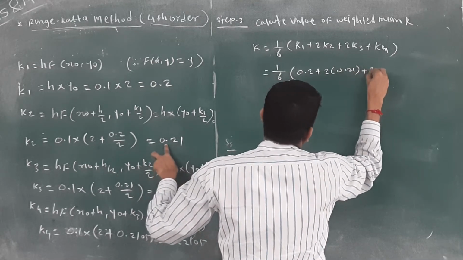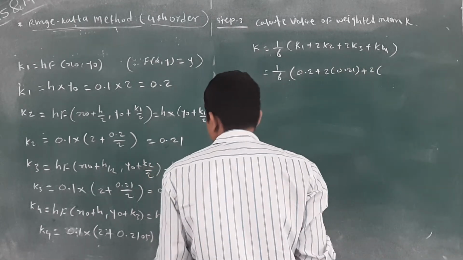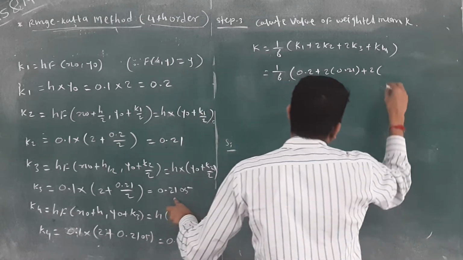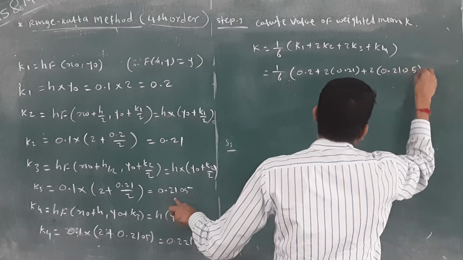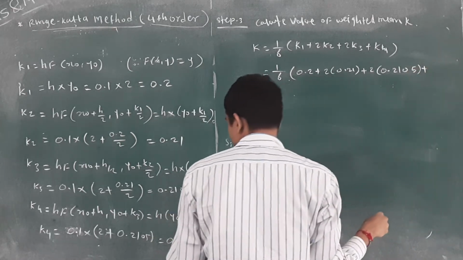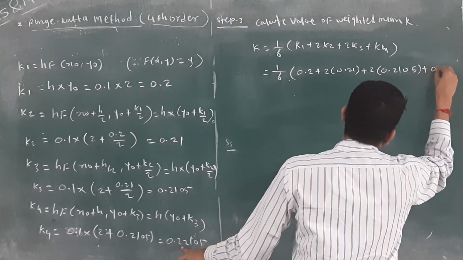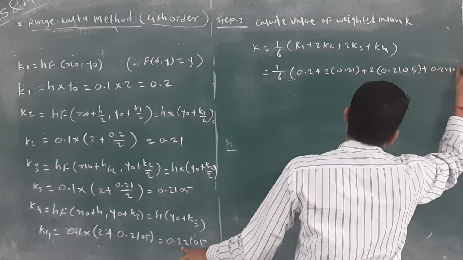Plus 2 into K3. What is the K3 value? 0.2105 plus what is the K4? 0.22105.